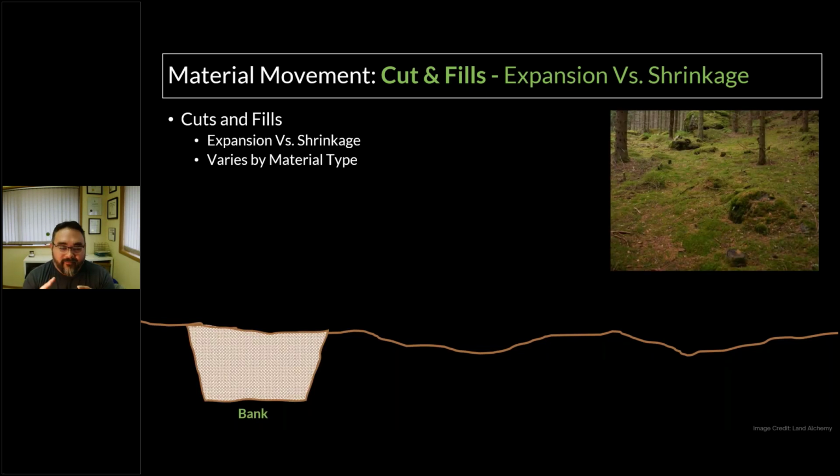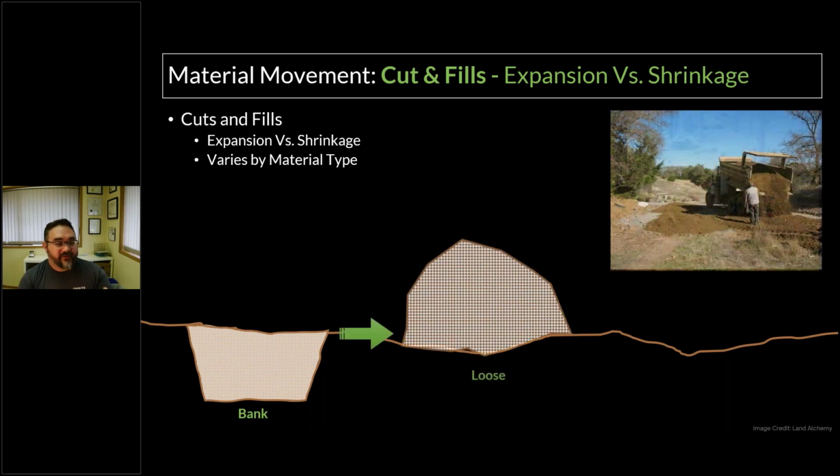So now we're talking about expansion versus shrinkage. The three main states of material are bank, which means the material as it sits in the ground before we've touched it. And then after we touch it and we're moving it, it's in its loose state.